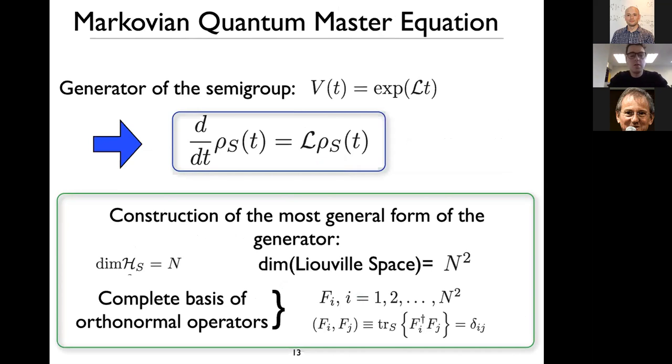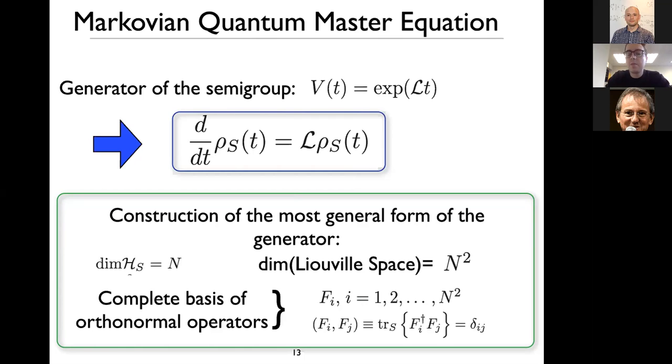From the definition of a dynamical semigroup, we can introduce a new operator, which we call L, or calligraphic L, the so-called generator of a dynamical semigroup, in the sense that we can write the dynamical map V as the exponential of this operator L multiplied by t.